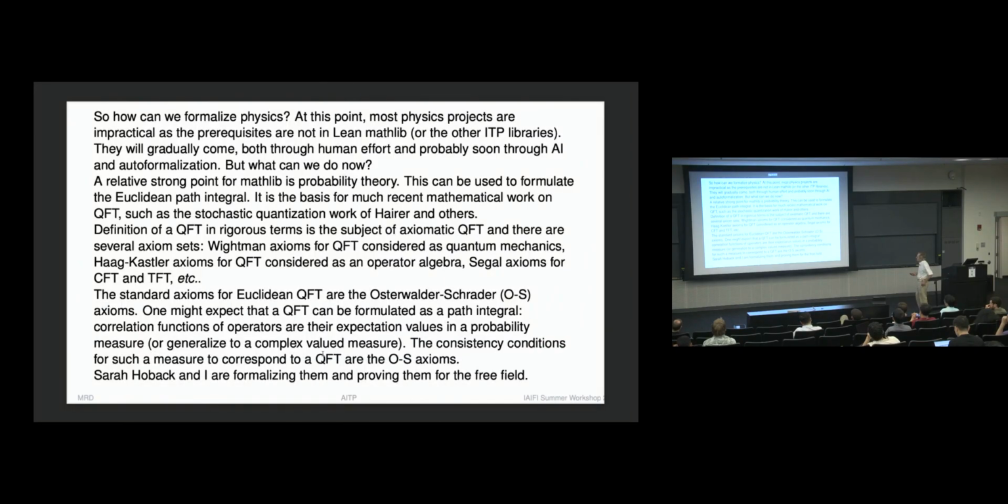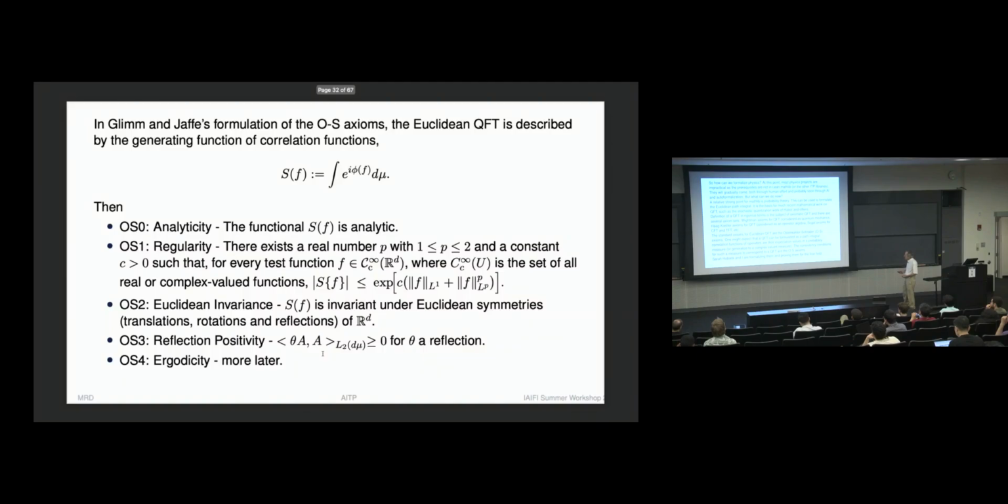And then you want to show that this satisfies axioms that you can use to reconstruct the quantum field theory, the Osterwalder-Schrader axioms. And this is the project that Sarah and I are trying to complete: to formulate these axioms and prove them for the free field. These axioms govern the generating function.